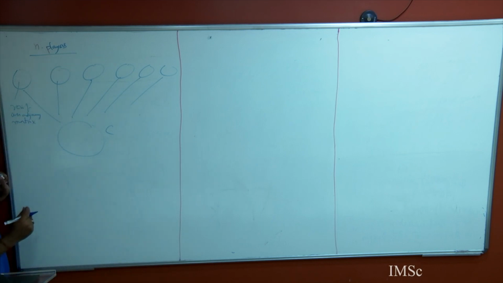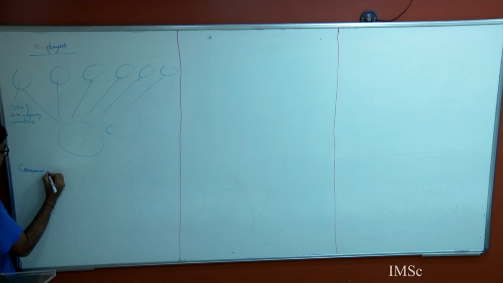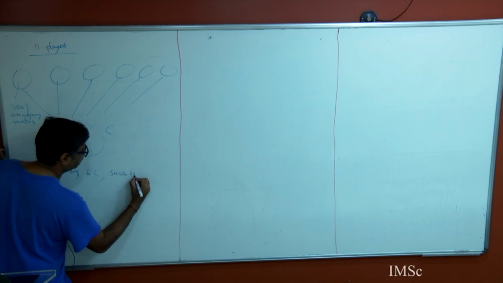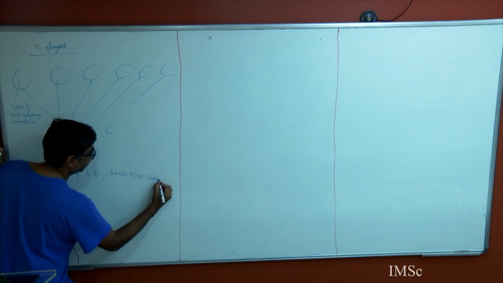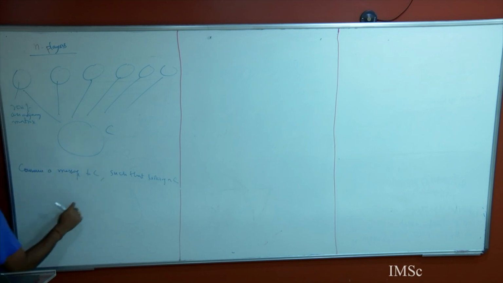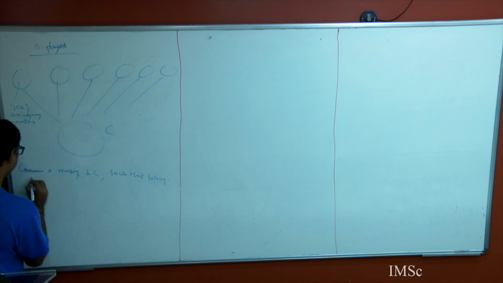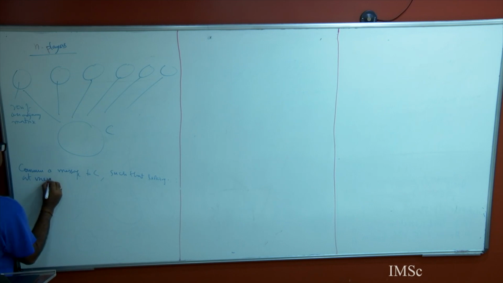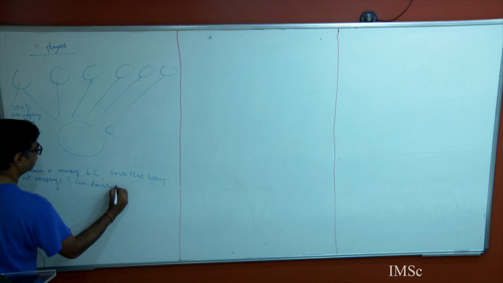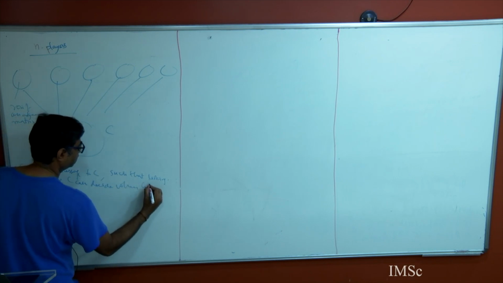Their goal was to communicate a message to C such that, looking at the messages, C can decide whether G is connected or not.